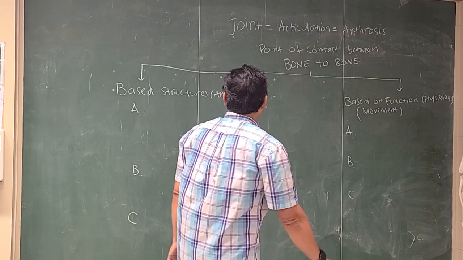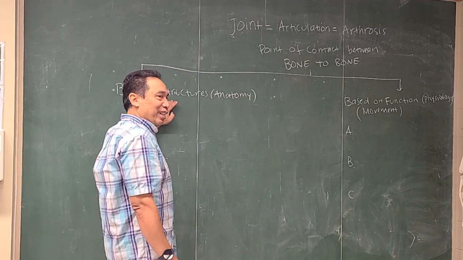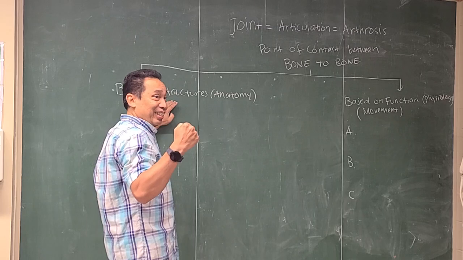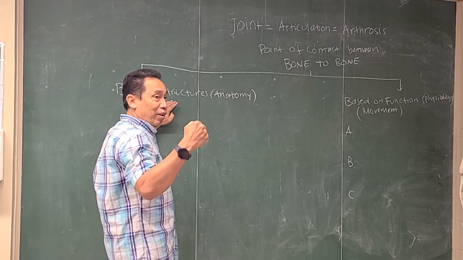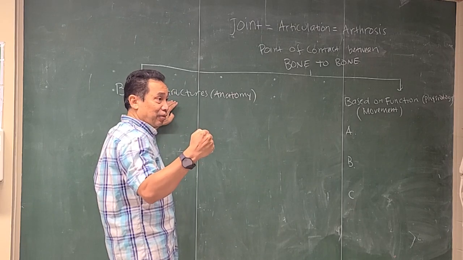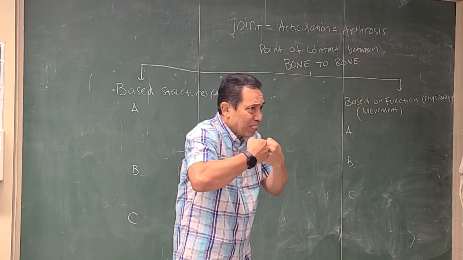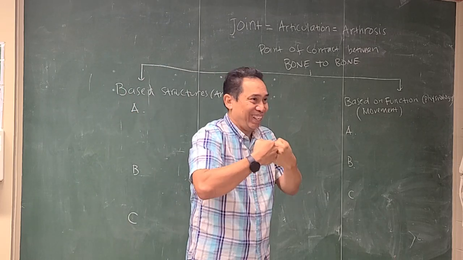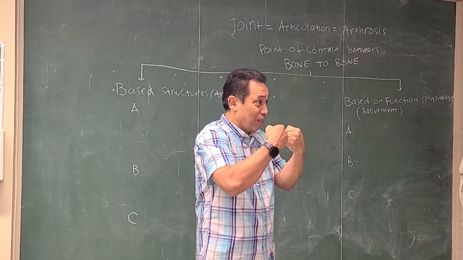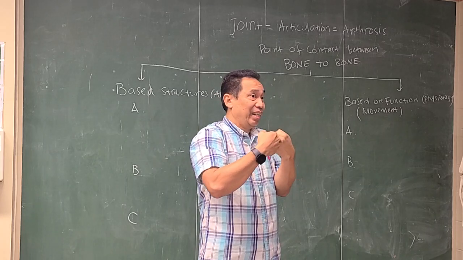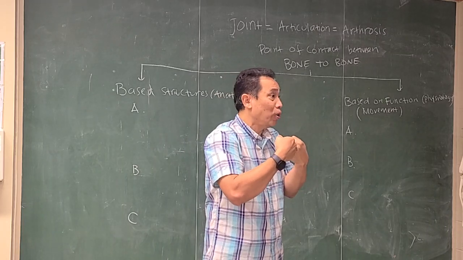Now, what does structure mean? It means what it's made of, where its location is, etc. In this case, it is based on what actually makes that joint connect, based on what material makes the connection between these two bones.